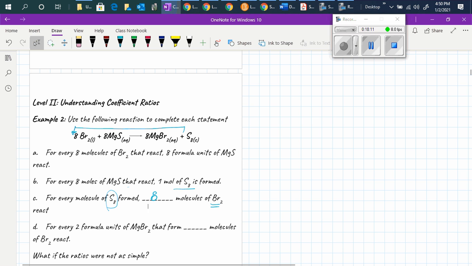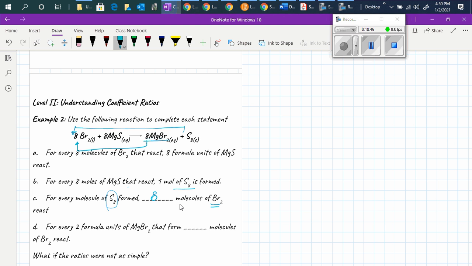For every 2 formula units of magnesium boron that are forming, you need 2 molecules of boron, because the ratio is 8 to 8.